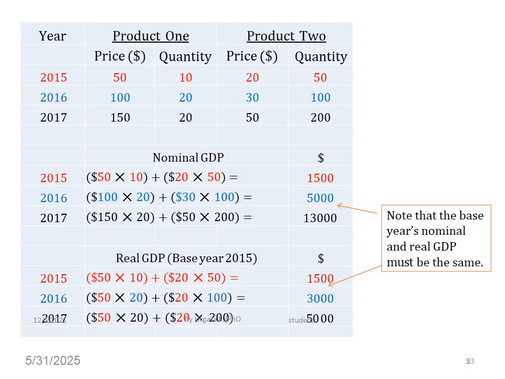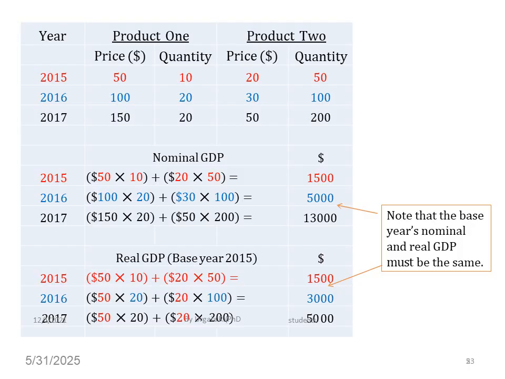Nominal GDP of 2015 is 15 times 10 for product 1, plus 20 times 50 for product 2. It becomes $1,500. This is our nominal GDP for 2015.